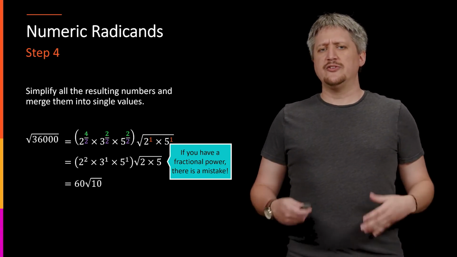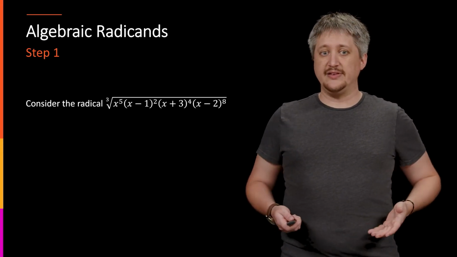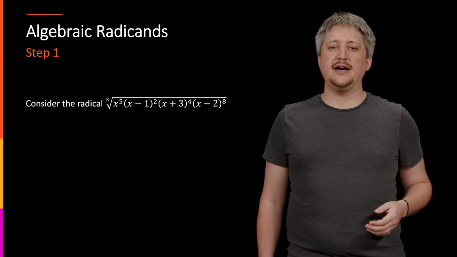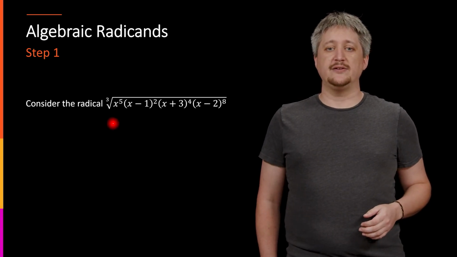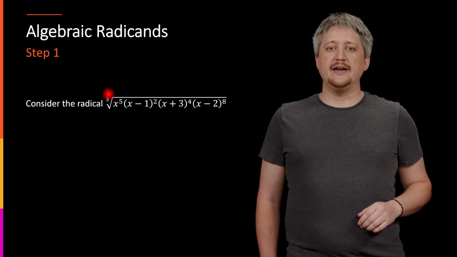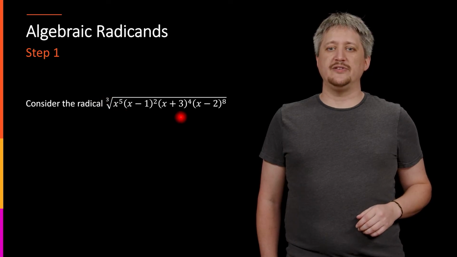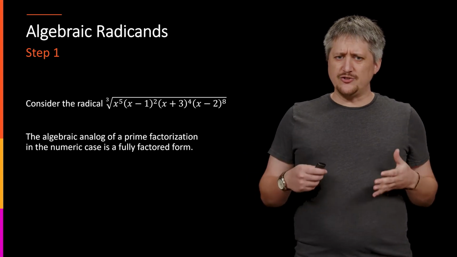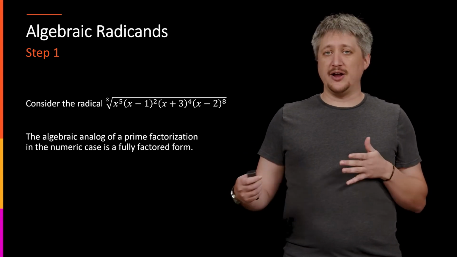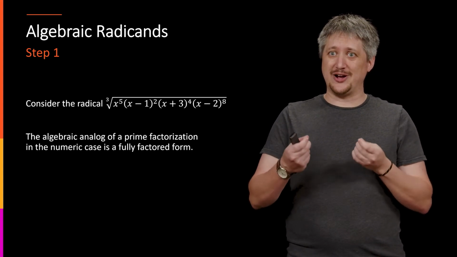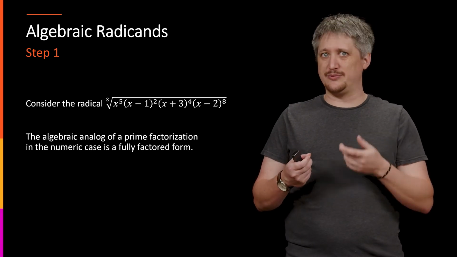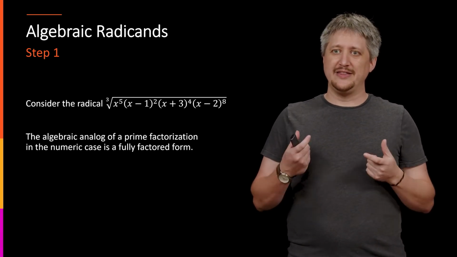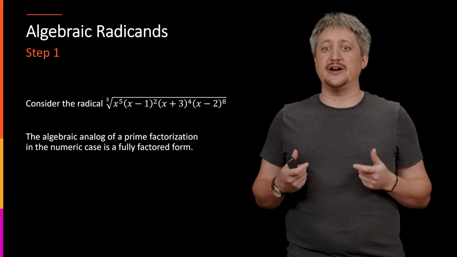All right, so that's numeric radicands, but what about algebraic ones? So if I'm looking at, say, this radical here, right? I have a factored radicand, again, super important, and I'm taking the cube root, and I have all of these things to various powers, right? So the algebraic analog of prime factorization, getting all those primes, like 2 to the 5th and 3 squared and 5 to the 3rd, is a fully factored form.